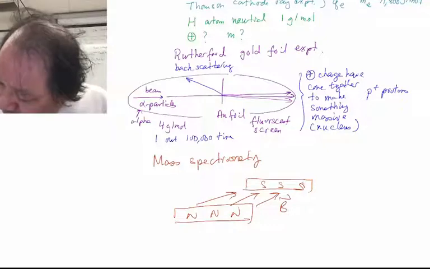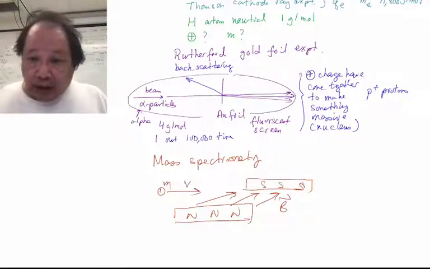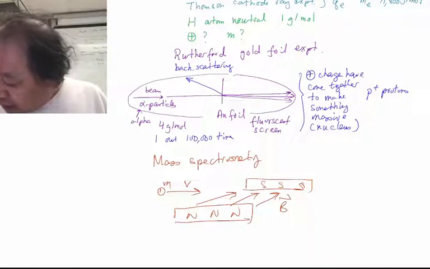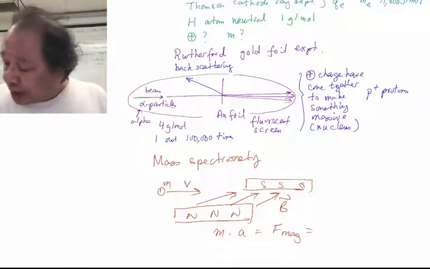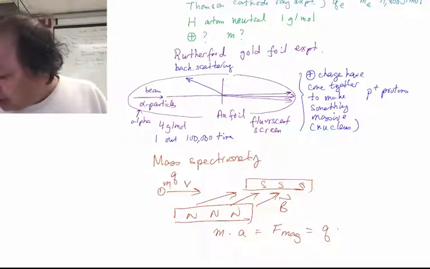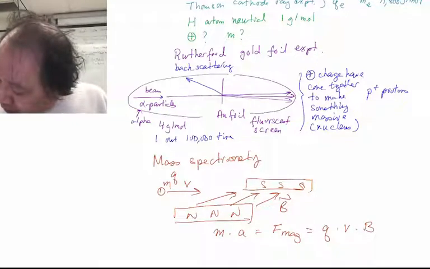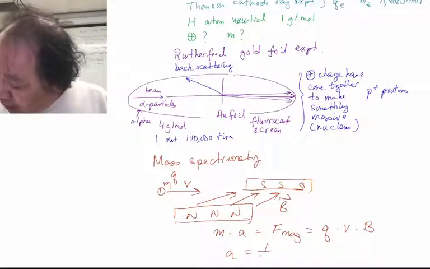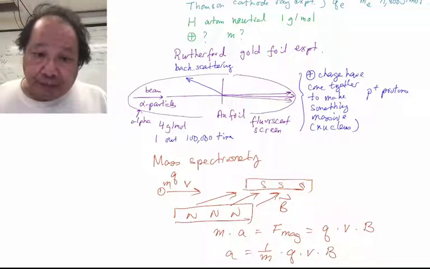We take a charged particle with velocity v, and we know that the mass times the acceleration is equal to the force, the magnetic force. V and B are perpendicular, so it's the charge of this particle times V times B. And the acceleration, therefore, is 1 over m times q times v times b.